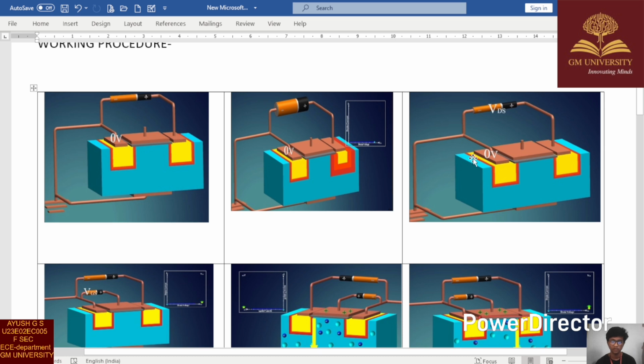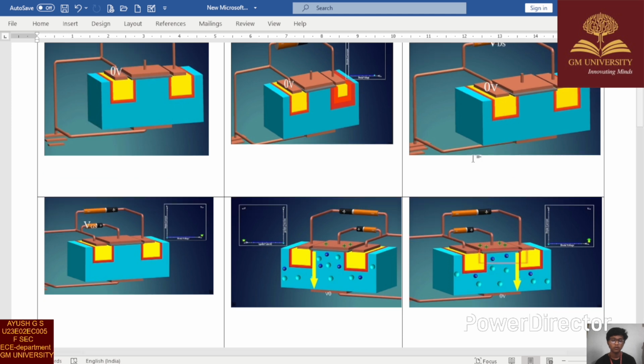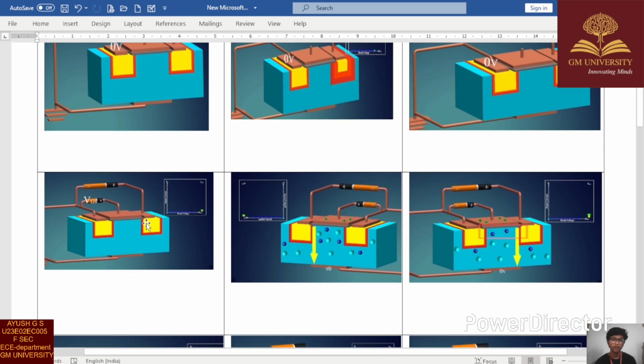Now, for the current to flow, we will consider varying VGS while keeping VDS constant. From the drain to the source, for the current flow, we will connect a VGS. After connecting VGS, the electrons and holes will flow between them.